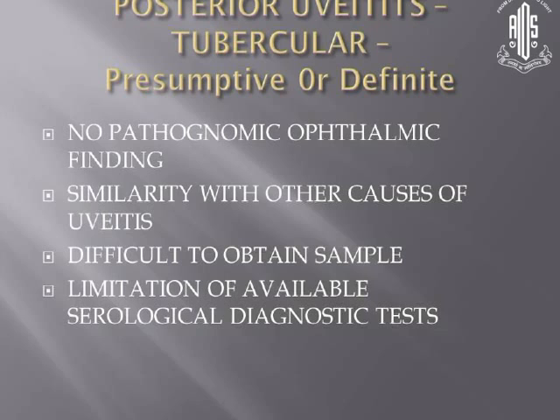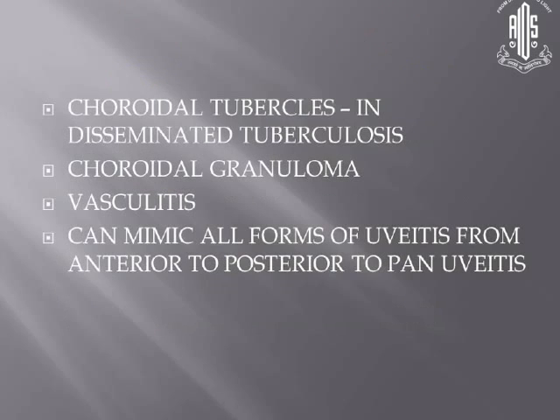WHO even now has recommended not to use too many of these serological tests for active tuberculosis. In cases with miliary or disseminated tuberculosis, you can see choroidal tubercles, which can vary from 1 to 5 generally. Very rarely you have more, and in some cases you can have a choroidal granuloma. But tubercular uveitis can mimic all forms of uveitis from anterior to posterior to panuveitis.